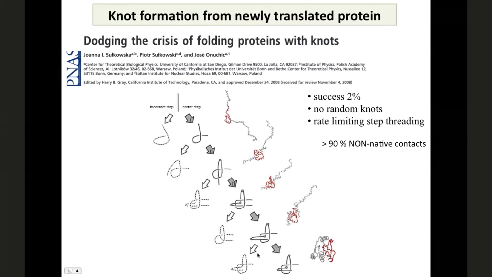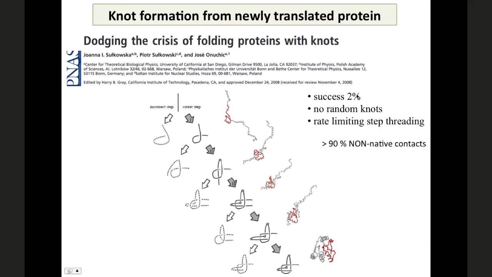And then one of the tails has to be dragged across this native loop, but not by just pushing the terminus inside the loop. Instead, we have something we call the slipknot conformation, the same one that I explained to you before. And then we can see that it is possible to tie a protein.